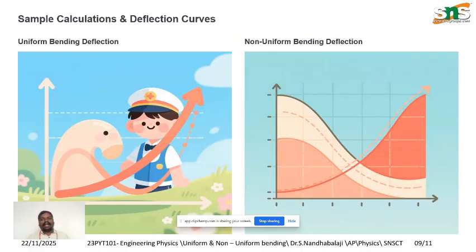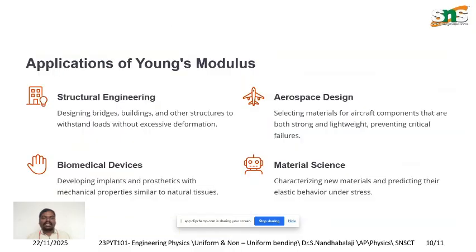And aerospace designing: selecting materials for aircraft components that are both strong and lightweight, and preventing critical failures. And material sciences: characterizing new materials and predicting their elastic behavior under stress, like automobile, car, bus, and bike transportation materials.